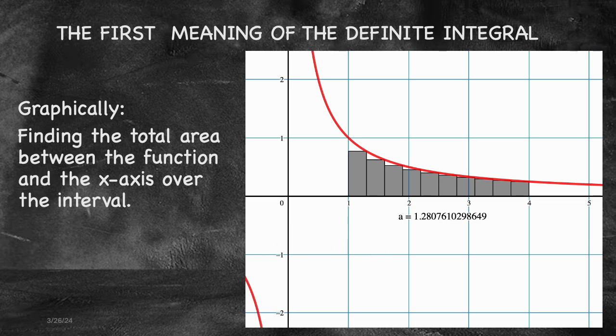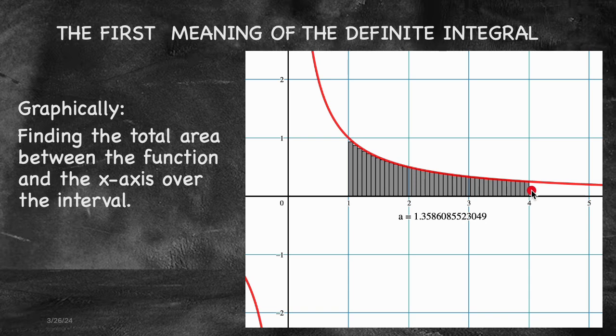Now let's try 40 intervals with 40 rectangles. Now you can see that there's almost no error. There's very little space missing between the rectangle and the function. So the more rectangles we create with subintervals, the more accurate that area is going to be.